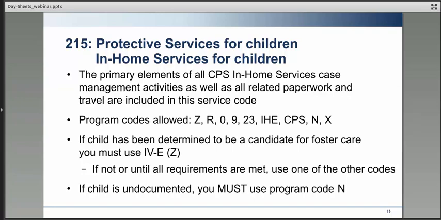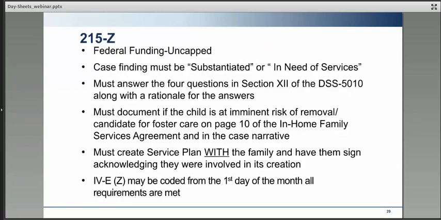So that is important to keep in front of you. If the child is not a qualified alien, not a citizen, then they may only be coded to N. However, if the child has documentation and is a citizen or a qualified alien, then we can move into some of the other program codes. The first one we're going to talk about is Z, or the 4E code.